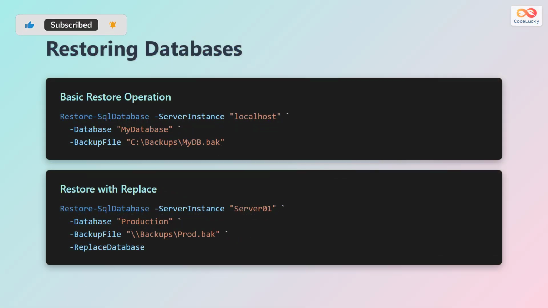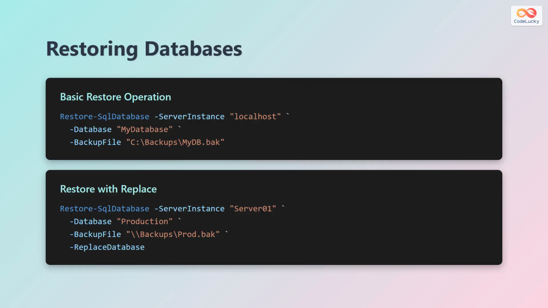Restoring databases from backup files is just as important as creating them. The Restore-SqlDatabase Cmdlet handles database restoration. For a basic restore operation, specify the server instance, database name, and backup file path containing your backup.